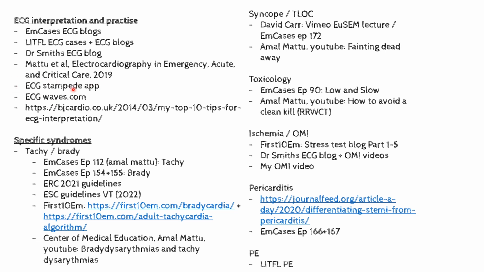ECG Stampede is an app, and the creator of the app also has an algorithm blog, and it's quite cool and quite unique. With ECG Stampede, you're standing as a triage doctor. You see a couple of ECGs, and then you have to decide: do I go to the resource bay?